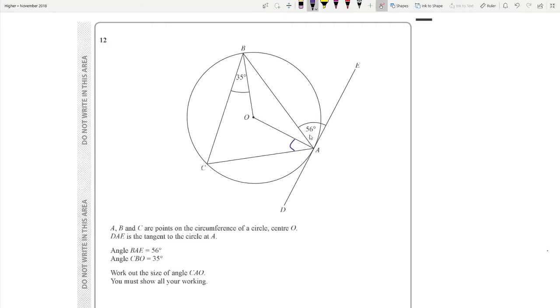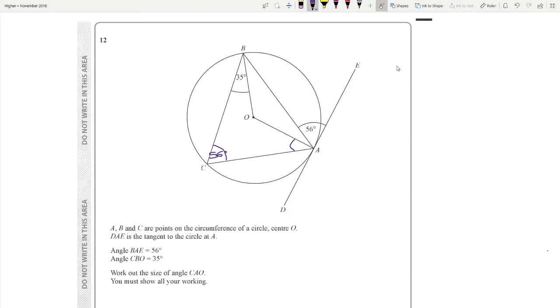Okay, so straight away we can see this angle here is 56 degrees. So using the alternate segment theorem, which is this one here, we know this is also going to be 56 degrees. Now there's another way you could have got that as well. It requires a couple more steps, but I'll show you anyway.